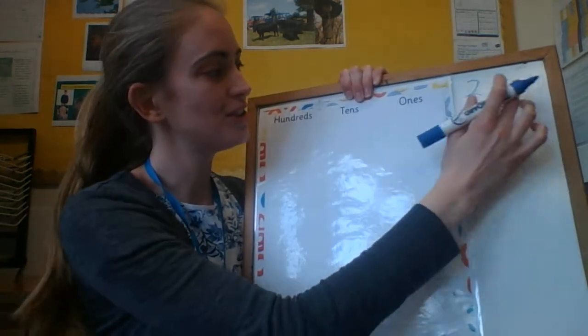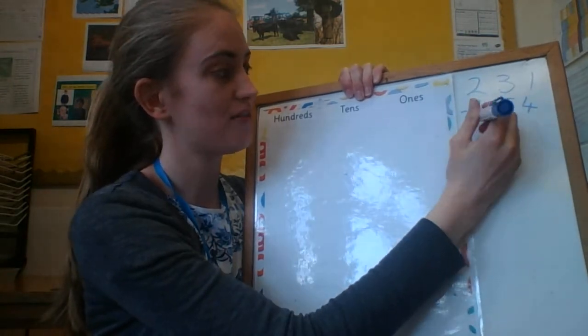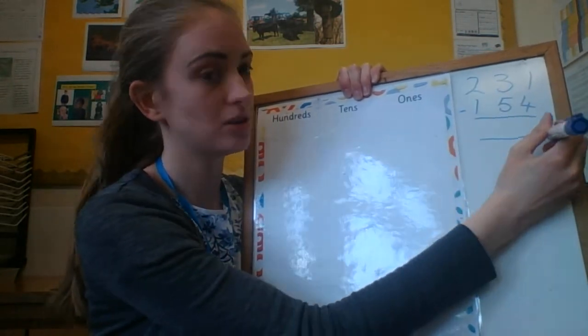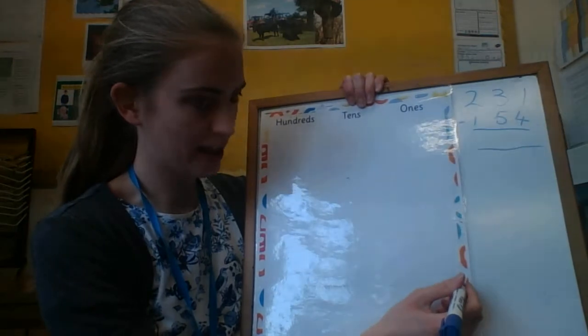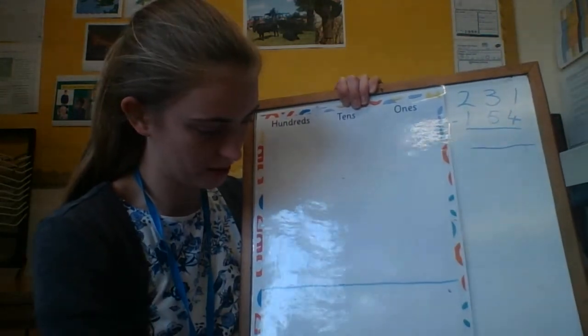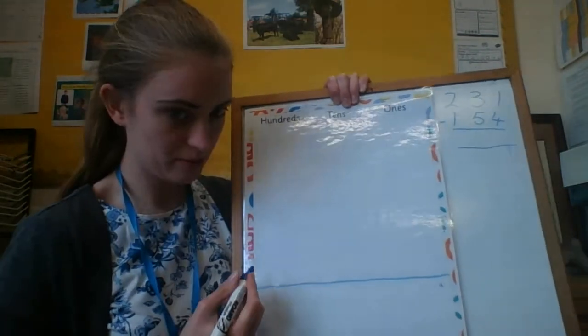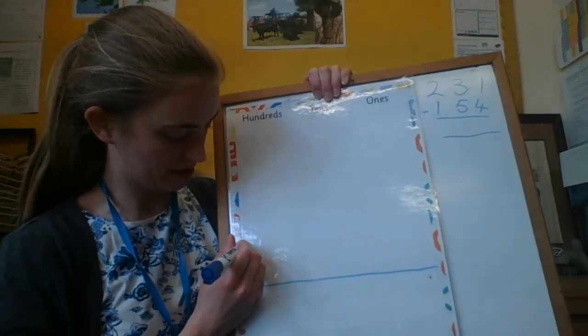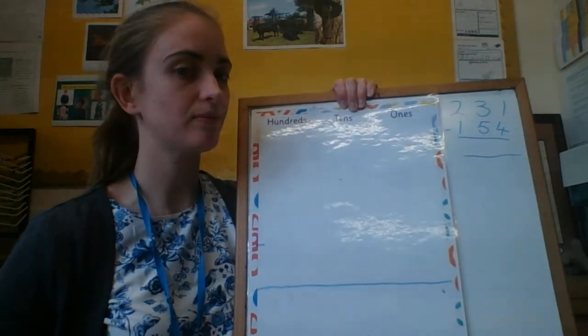There we go. 231 subtract 154, and I'm going to pretend I'm using a ruler for that. And then on here I'm going to draw my big equal sign all the way along and put my subtract symbol in so I know that I am subtracting.